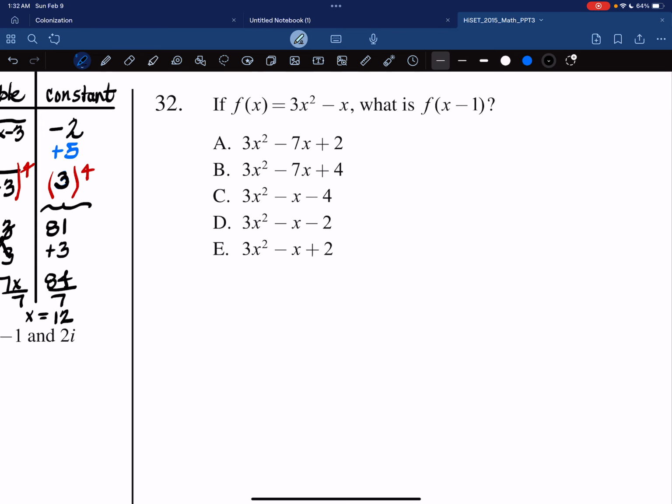If f of x equals 3x squared minus x, what is f of x minus 1? So f of x minus 1 is what they want us to evaluate. Here is our generic equation.